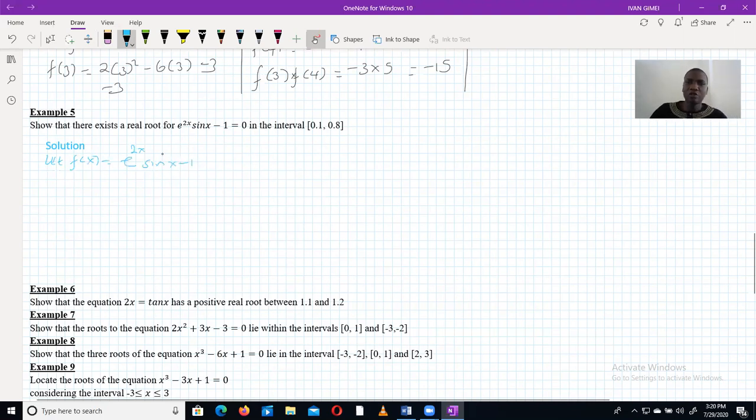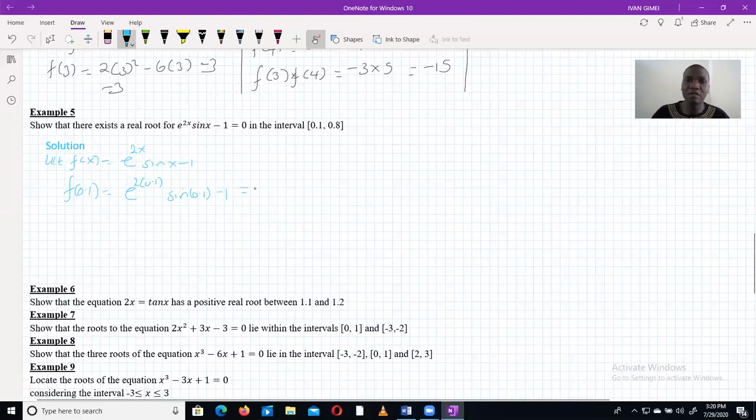I told you how to put this in a calculator the other time. So we go straight forward to f of 0.1. What's our f of 0.1? To be exponent of 2 times 0.1 sine of 0.1 minus 1. What do you get? Let me run the calculator.